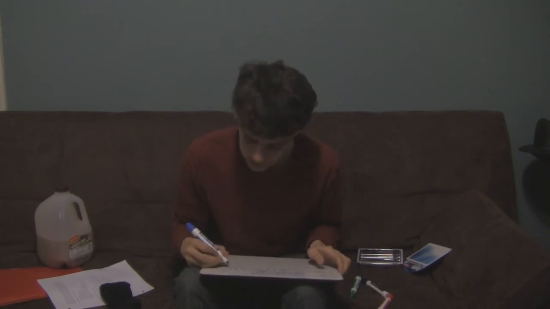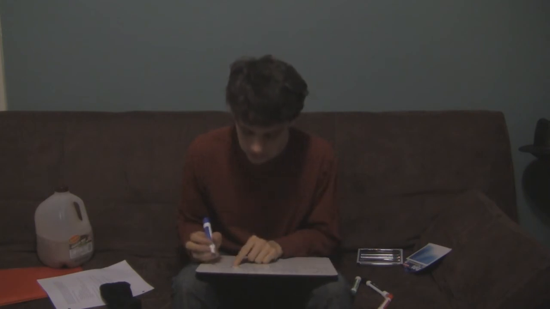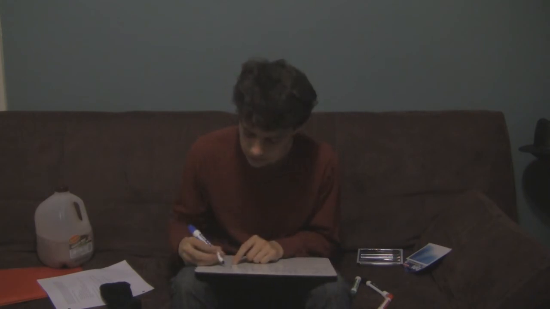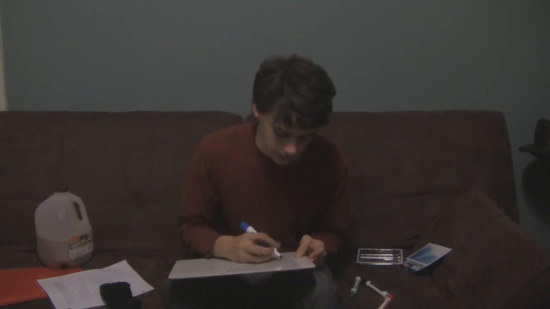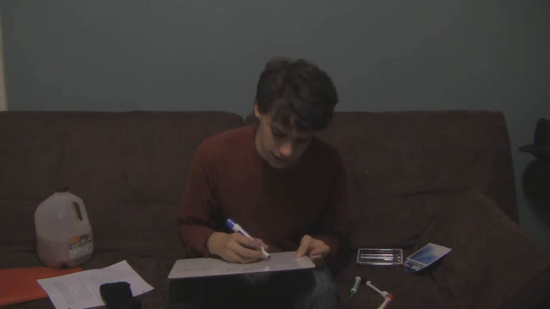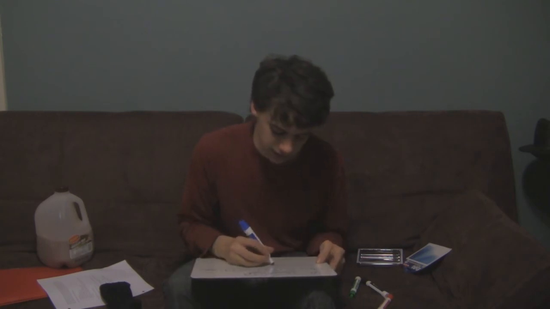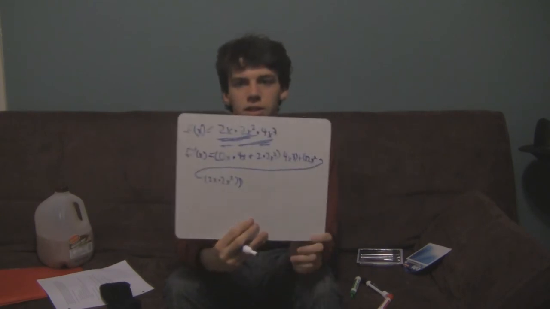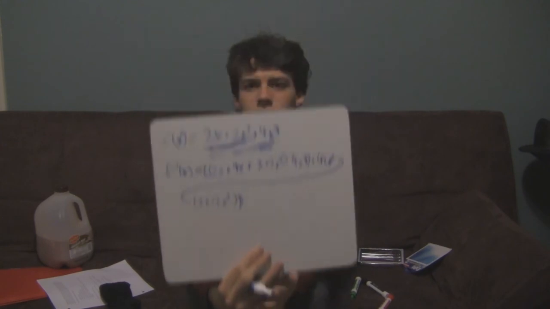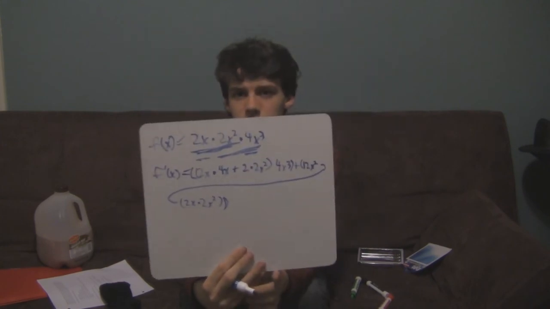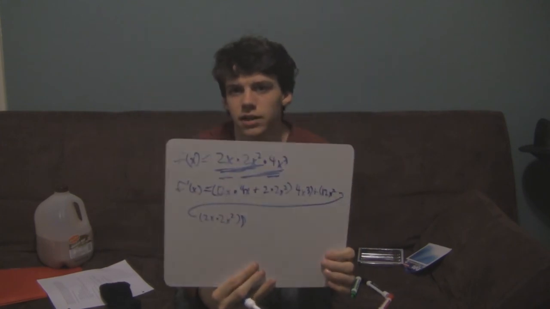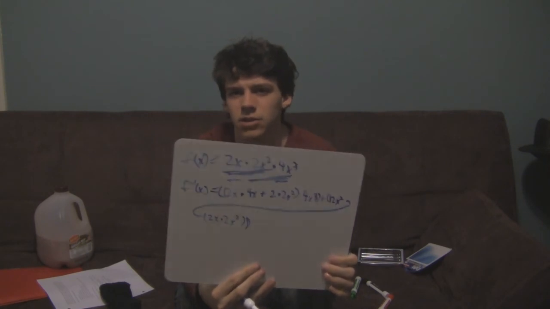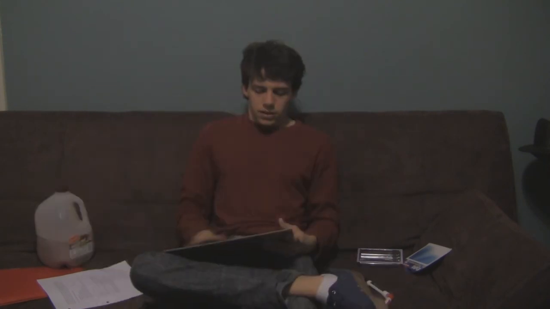And then you add that to the derivative of your next number, so you'd have 12x squared times 2x times 2x squared. It makes things a lot easier, for me at least, if you put parentheses around all of your separate equations, so that it's easier to read and know what you've done.